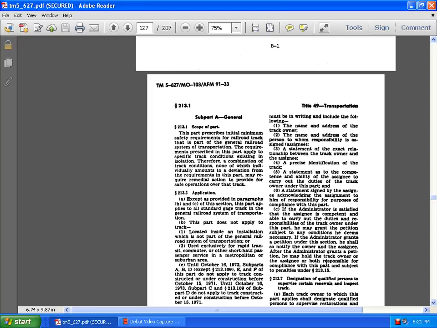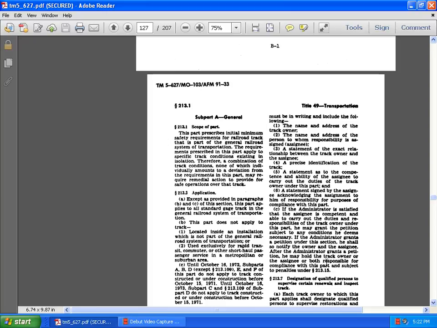213, Application. Except as provided in paragraphs B and C, this part applies to all standard gauge tracks of the general railroad system of transportation. This part does not apply to track located inside an installation which is not part of the general railroad system of transportation, or used exclusively for rail transit, commuter, and other short-haul passenger services in metropolitan and suburban areas.